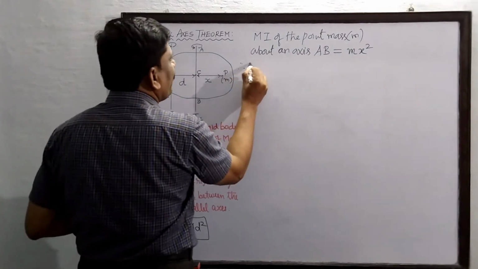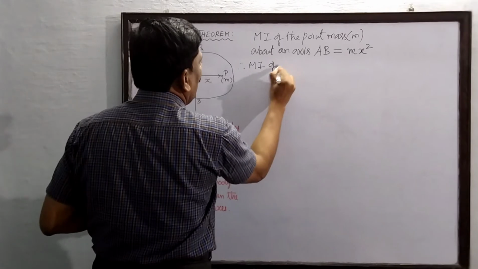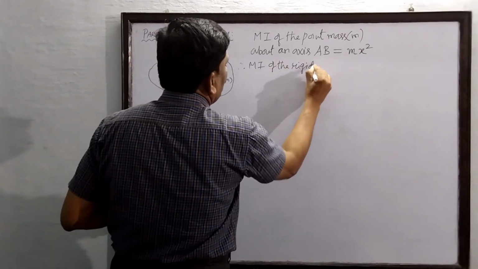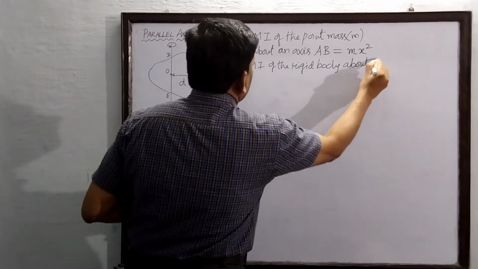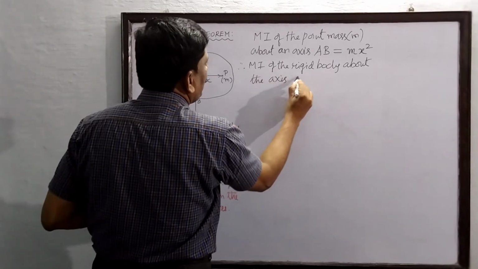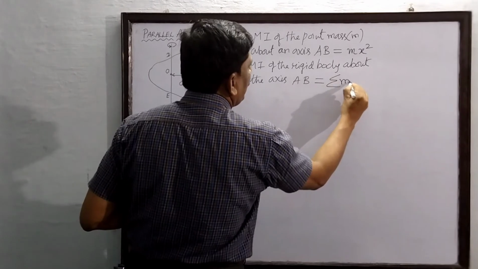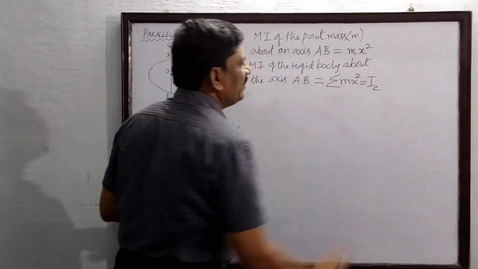Like this, there will be so many particles with which the rigid body is made up of. Therefore, the moment of inertia of the entire rigid body about the axis AB, which is passing through the center of mass, must be equal to sigma mx square, that is equal to I_C.